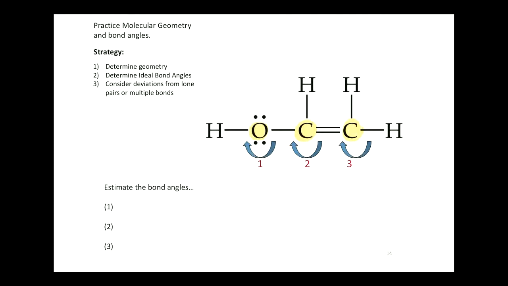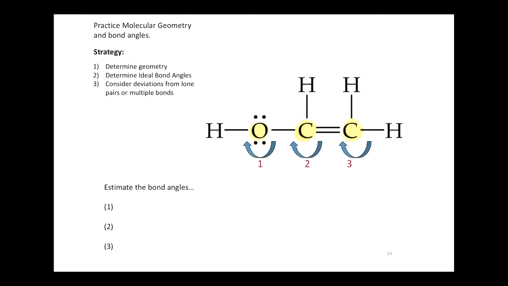Note how I draw the Lewis structure. I'm trying to trick you, right? I'm not drawing it how it actually looks. We need to use our VSEPR theory to figure out these bond angles. My strategy is you take a look at one central atom at a time and go through VSEPR theory. I already gave you the Lewis structure, so step 1 is to predict the electron geometry.